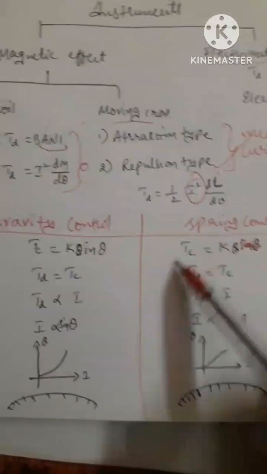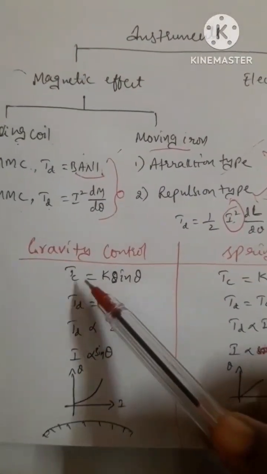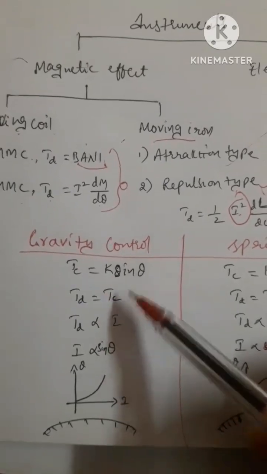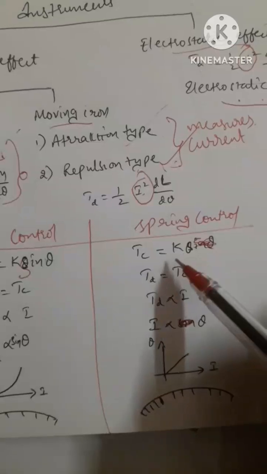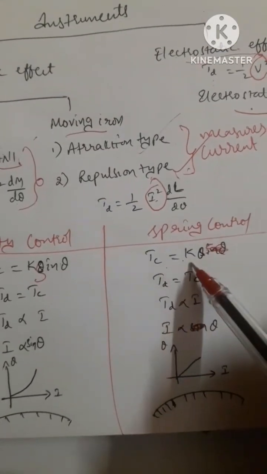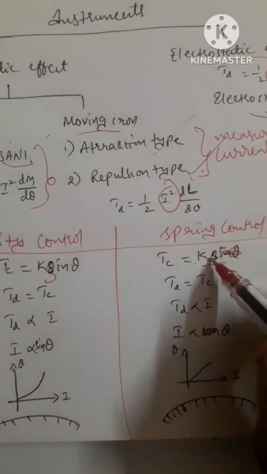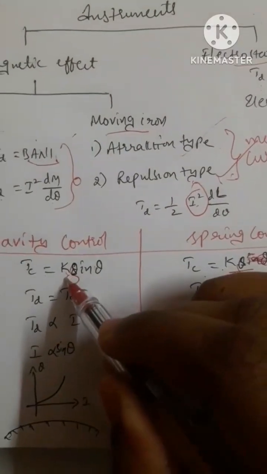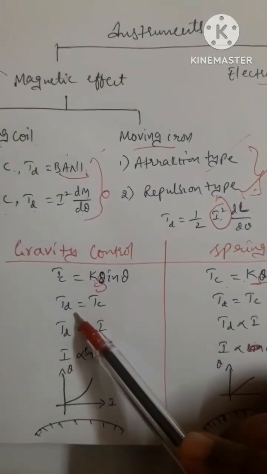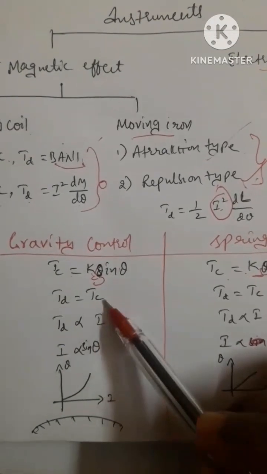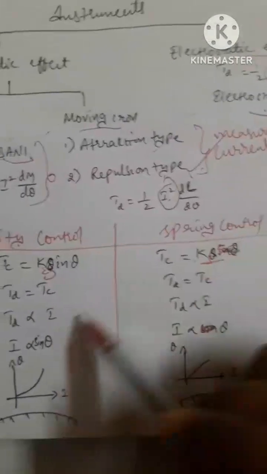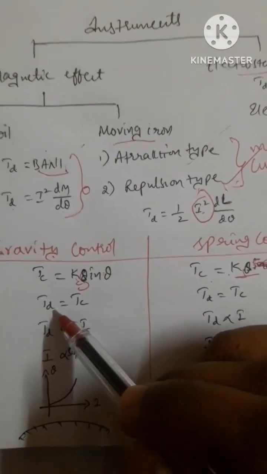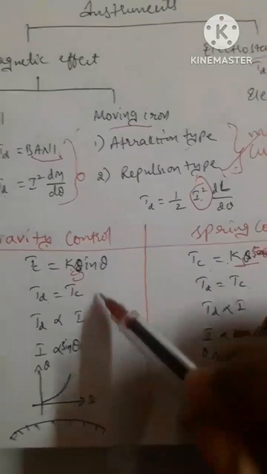So next is gravity control and spring control. For gravity control, controlling torque is K sin theta. For spring control, controlling torque is K theta, that means Ks theta. In equilibrium, in both gravity control and spring control, deflecting torque is equal to controlling torque.